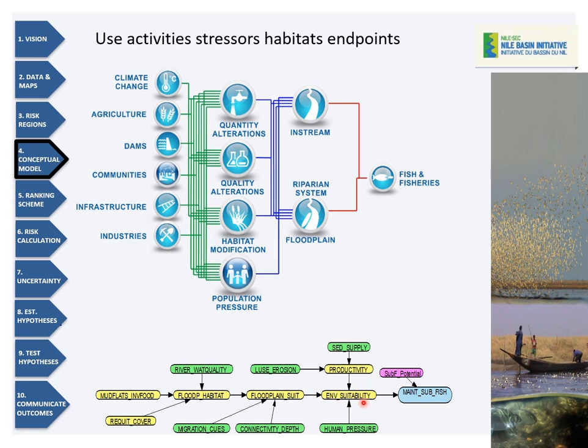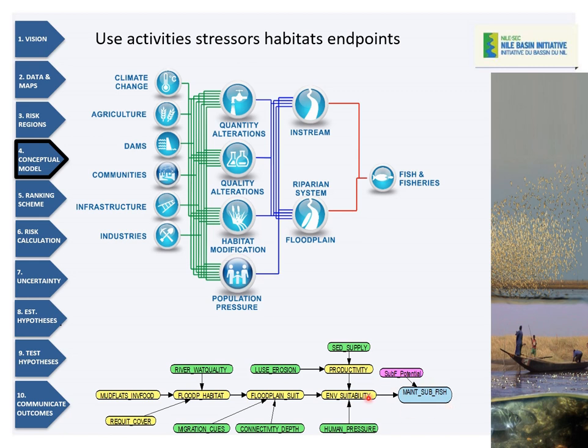The potential would represent the demand for fisheries, the environmental suitability would represent the supply of fisheries, and that would allow us then to describe the potential risk to the subsistence fishery.